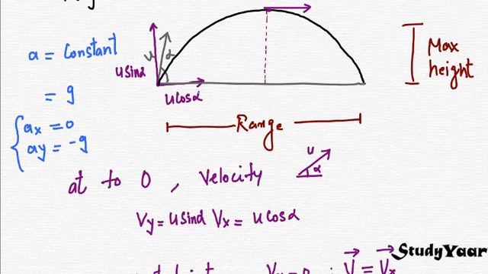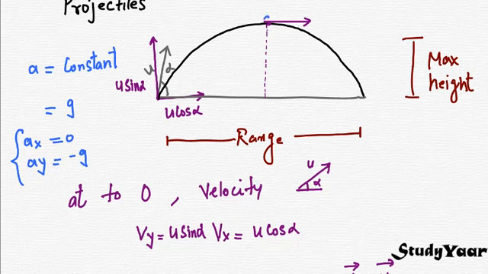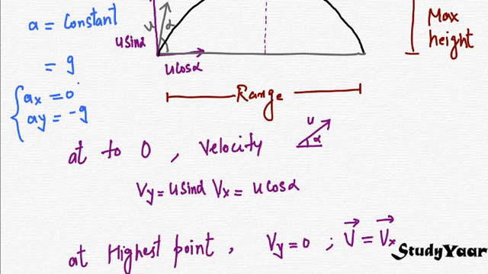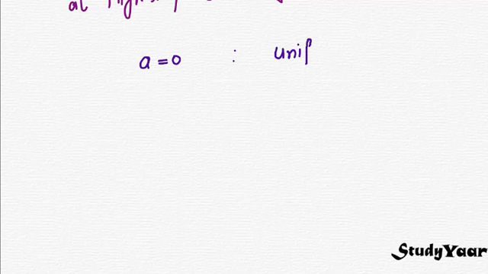So I have another two known things in this particular motion. I know the initial velocity, or velocity at t is equal to 0. I know that at the highest point my vertical component of velocity is 0. I know that acceleration is g and there is no acceleration in the horizontal direction. As we talked about earlier, when acceleration is 0, we are basically looking at uniform motion, right?